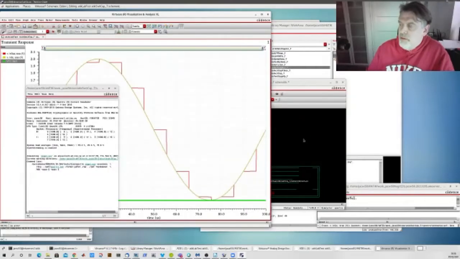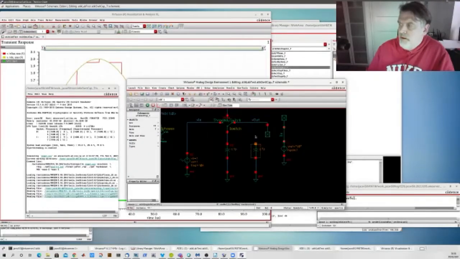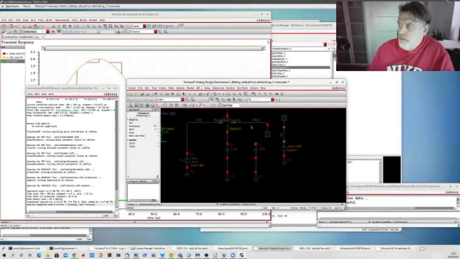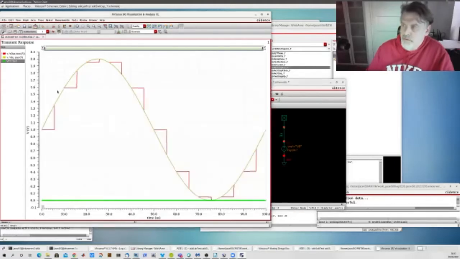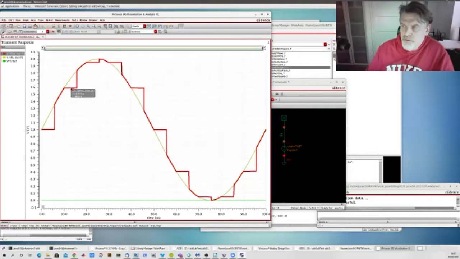Okay, so I can see in this particular case, I have not connected anything else to the output node. And I plot my input voltage and my output voltage. Here you can see that operation I was talking about: during one of the phases, the output voltage will hold constant, and during the other phase, it will simply track the input and charge the capacitor.